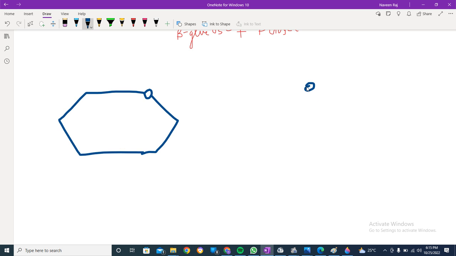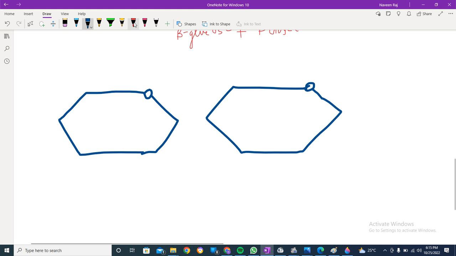Here, this is oxygen. Both are hexoses. Let me consider this is C1.